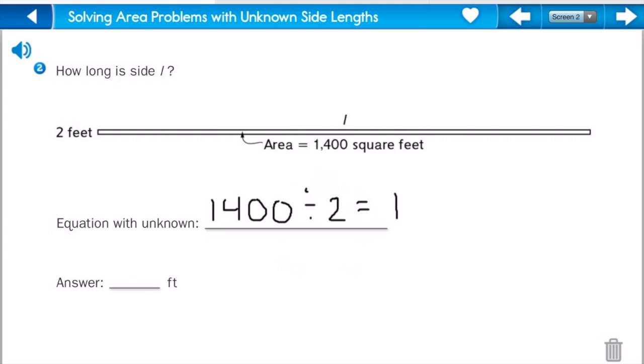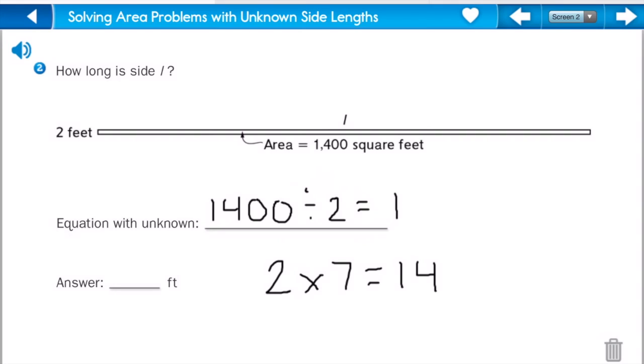14 divided by 2? Or what times 2 equals 14? And I know my 2's, so I'm thinking to myself that I know 2 times 7 equals 14.